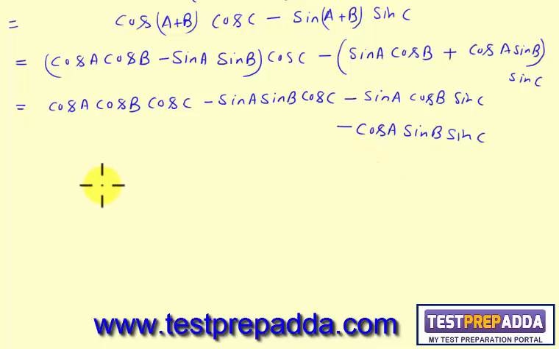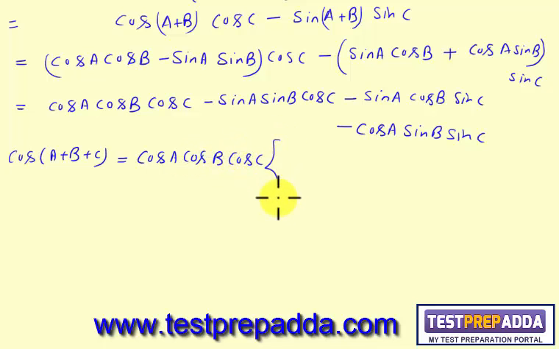Now, in a similar manner as we did in the previous case with sin A plus B plus C, here also if I take cos A cos B cos C common, then cos A plus B plus C will be written as, inside the bracket, 1 minus.